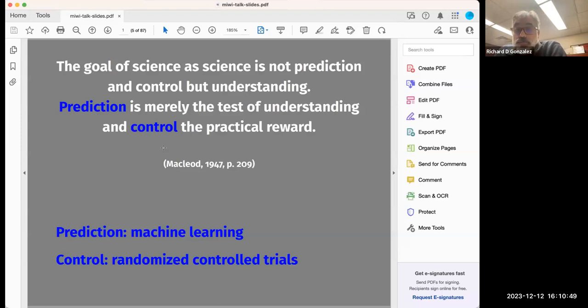In other aspects of data science, we care about being able to control things, like the randomized controlled trial and having double blind. And we're very concerned about the design of the study. And again, control is not the goal of a study or of our scientific work. The goal of our scientific work is to understand the phenomenon that we're after.